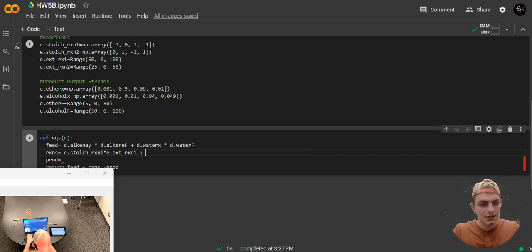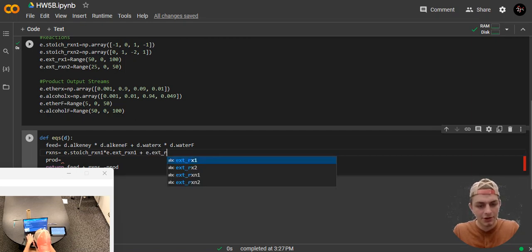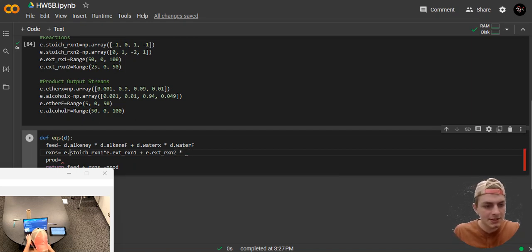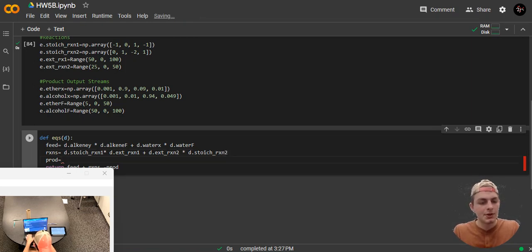And then added to that E dot extent of reaction 2 there, multiplied by, oops, and I'm using E's instead of D's, which is going to confuse everyone involved. So the extent then multiplied by the stoichiometry of reaction 2.